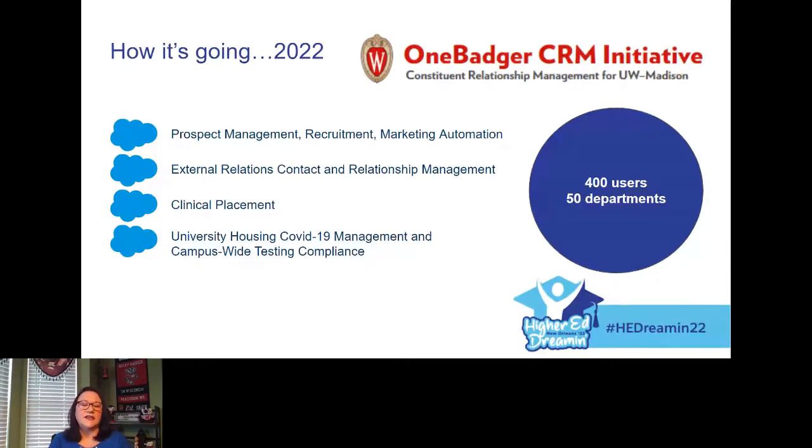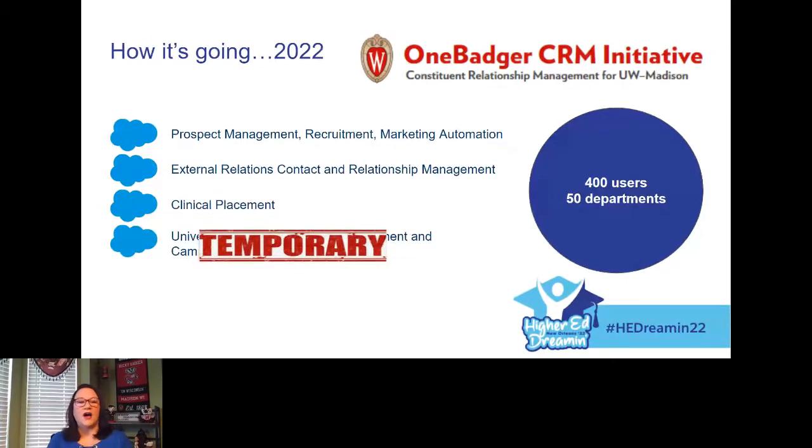And then in the last 18 months, we've also had a really big focus on supporting the university with some COVID-19 related support, such as our residential students needing to go into isolation or quarantine if they've been impacted by COVID, and then also supporting campus-wide testing compliance. Now, I bring that up even though it's temporary, and we all hope it's temporary.